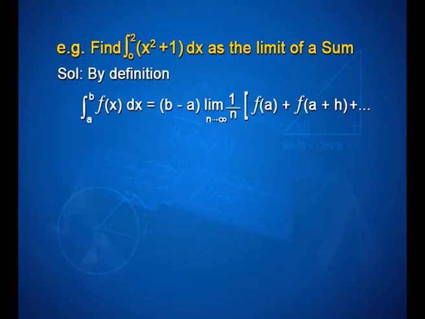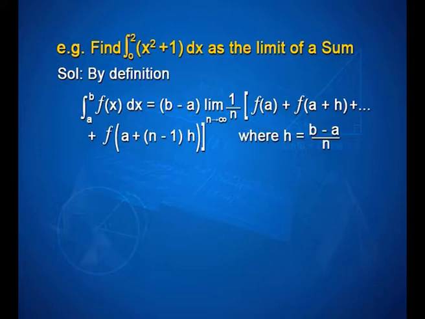Now, let us solve an example. Find integral 0 to 2 of (x square plus 1) dx as the limit of a sum. For the solution, by definition, integral a to b f of x dx is equal to (b minus a) into limit n tends to infinity 1 upon n into [f of a plus f of a plus h plus ... plus f of a plus (n minus 1)h], where h is equal to (b minus a) upon n.